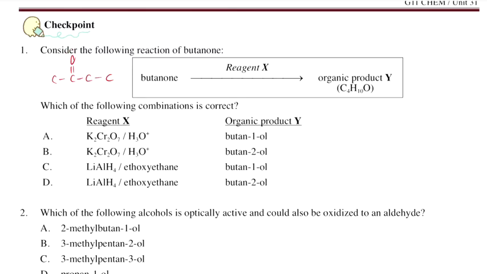After the reduction reaction, the carbonyl group would be changed to a COH group, a hydroxyl group. The hydroxyl group would be formed at the second carbon: 1, 2. So we should name it butan-2-ol. So the correct answer for question 1 should be D.